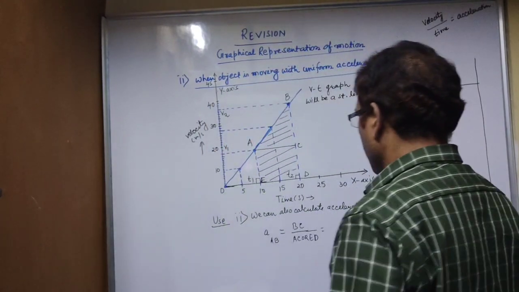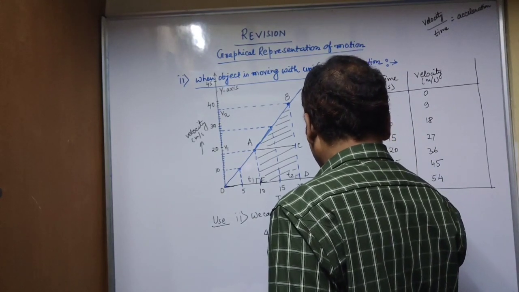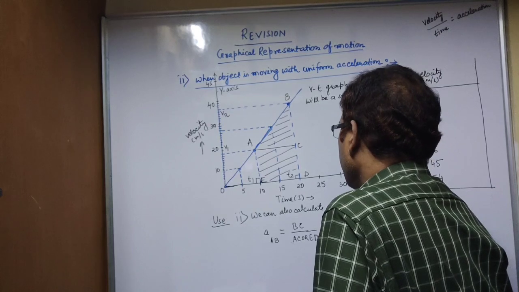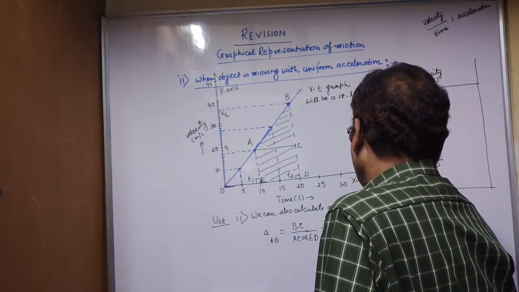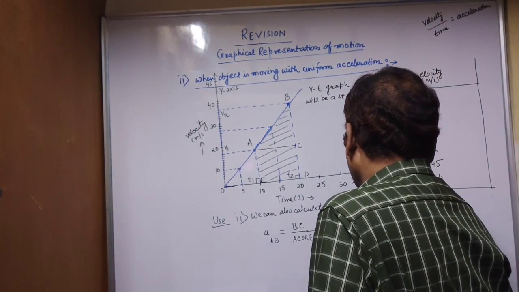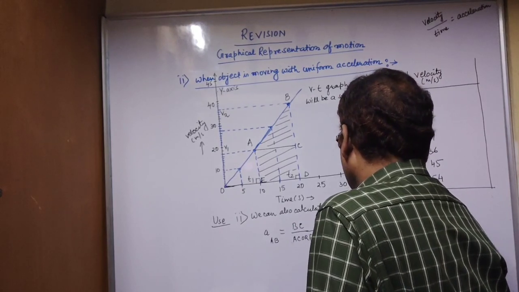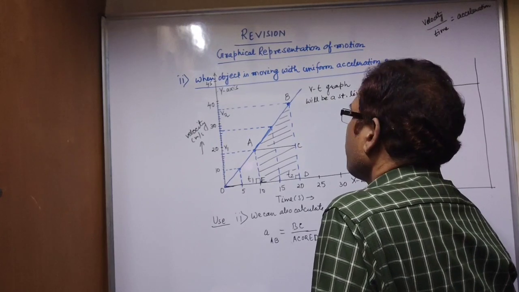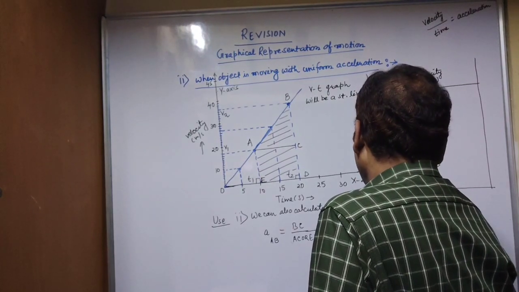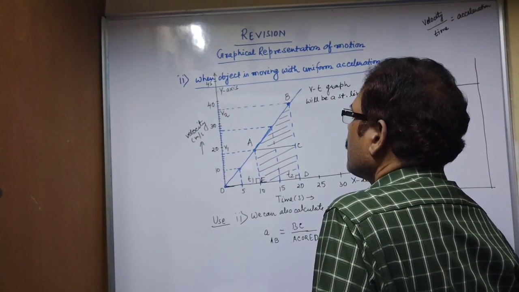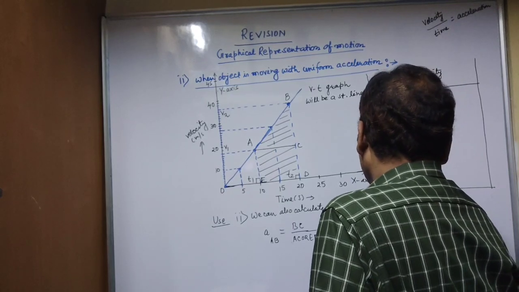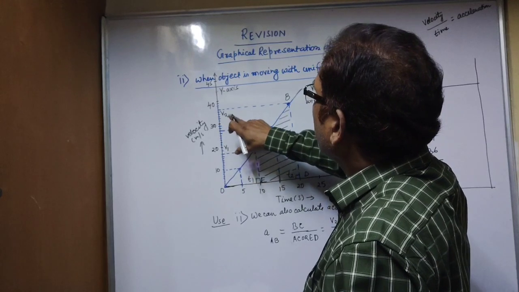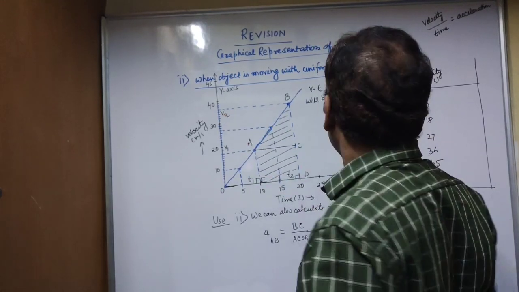Now how much is this? This can be written as V2 minus V1, and AC or ED can be written as 20 minus 10 time interval. You can also write it as T2 minus T1. Now it will be 40 minus, oh it is not 40, V2 is I think 36.